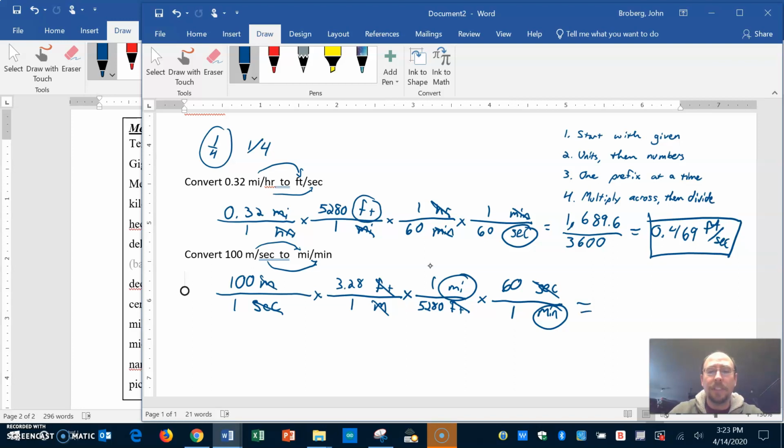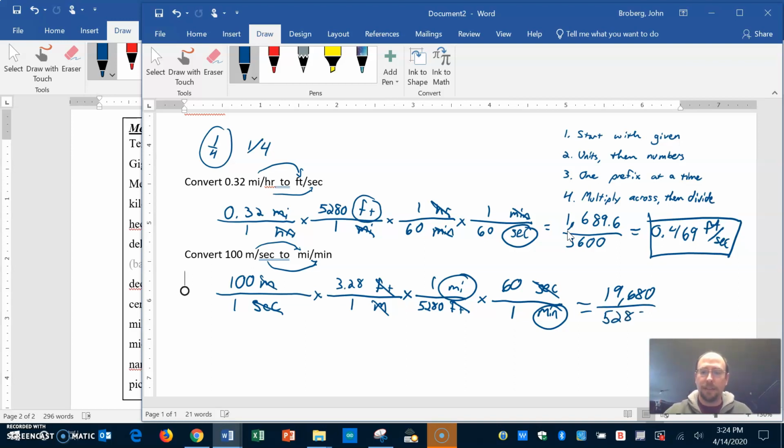So I take all the numbers on top, I multiply them: 100 times 3.28 times 60. I get 19,680, divided by the numbers along the bottom. I have 1 times 5,280 times 1.